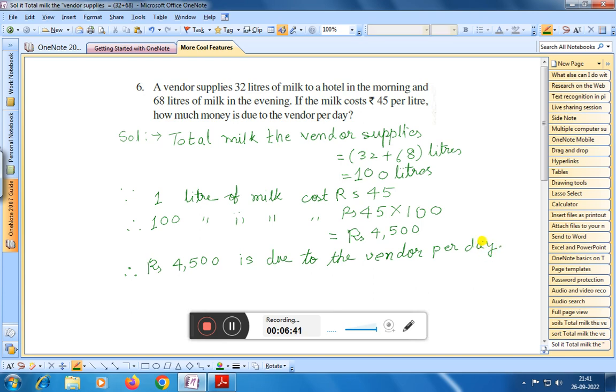This is the solution of question number 6, exercise 2.2.